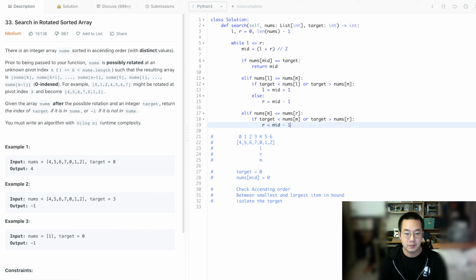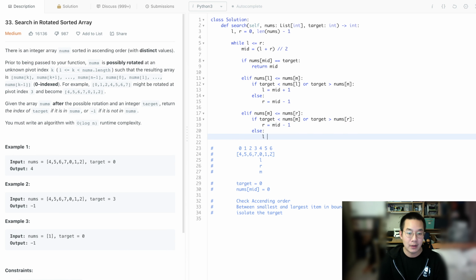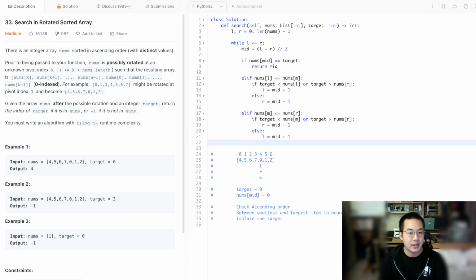No, wait. Yeah, R equals mid minus 1, because it's not within this order. Else, it is within the items, so left equals mid plus 1. All is good, and if we don't find anything, let's return -1, and we're all good to go.